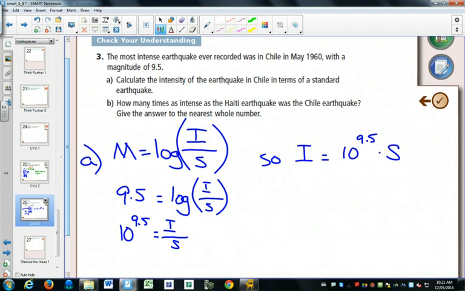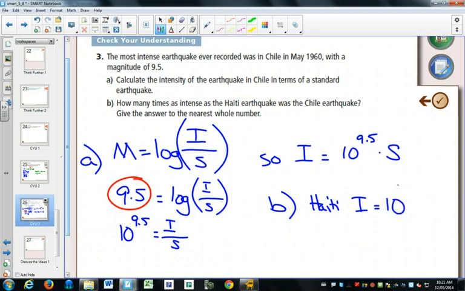So can you see that if you did exactly the same work but had 7 here instead of 9.5, for Haiti, the intensity would be 10 to the 7 times the standard earthquake.